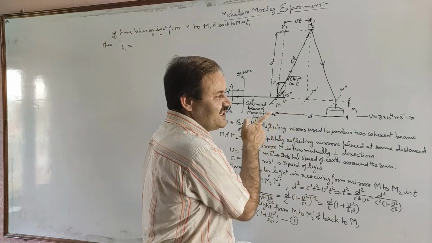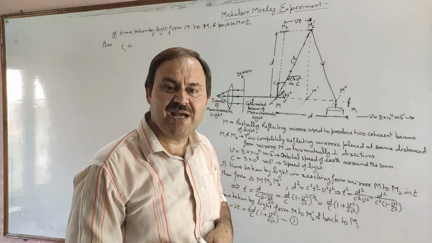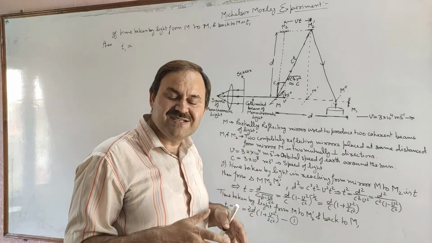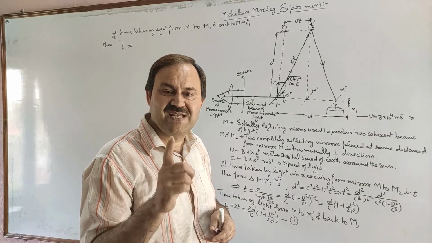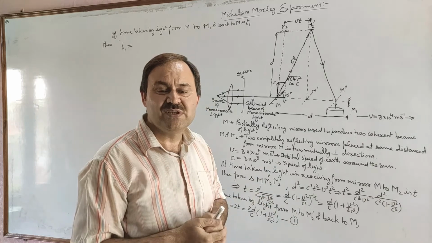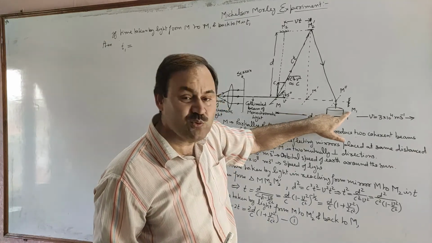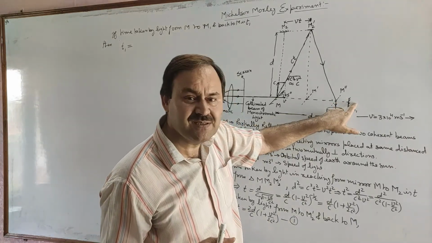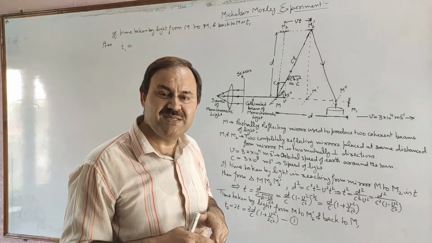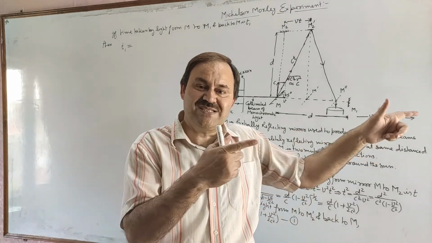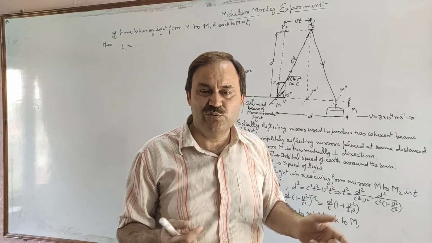Light is moving in the direction of motion of Earth to catch the mirror M1, and hence if we consider that these two speeds, that is the speed of light as well as speed of Earth, are relative to ether, then the relative speed of light with respect to Earth, that is with respect to mirror M1, when light is moving towards mirror M1, will be C minus V, because when both the objects are moving in same direction, then the relative speed is equal to the difference in two speeds.